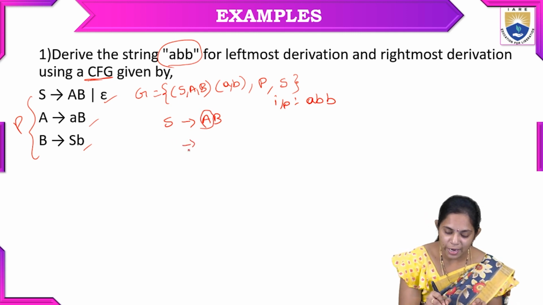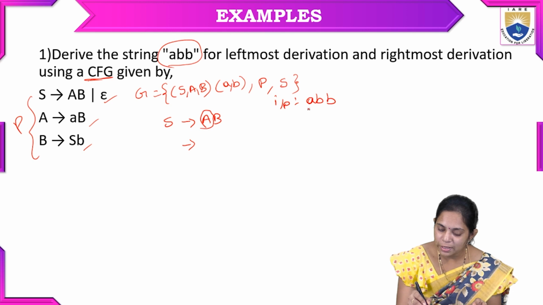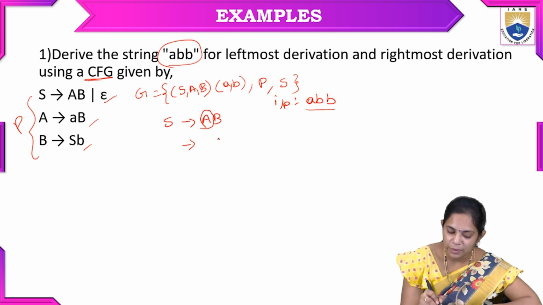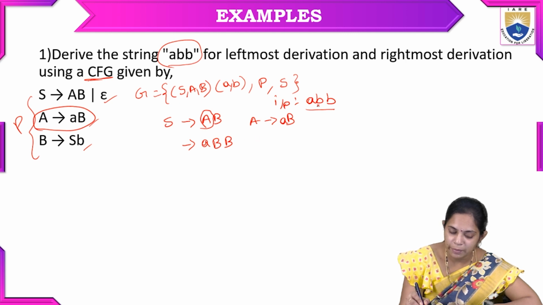So here the left hand side is A. For this input string, three terminals are required. If you take the production rule A tends to AB, so A, capital B and B. Again we are writing.